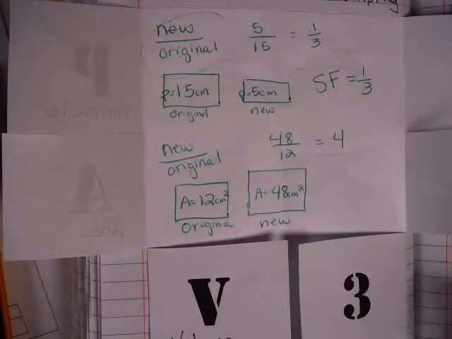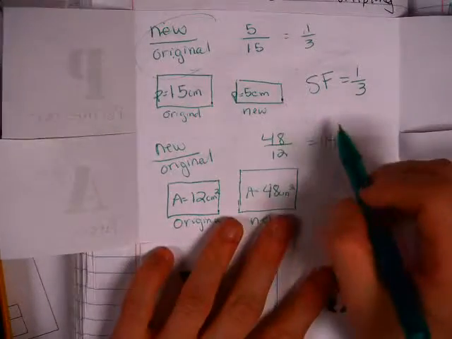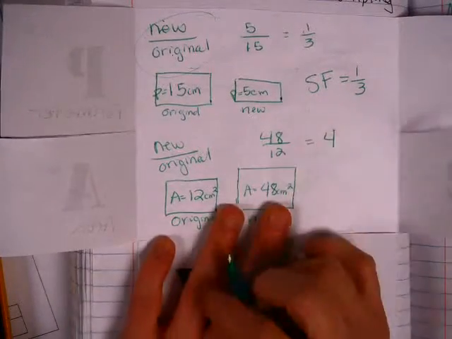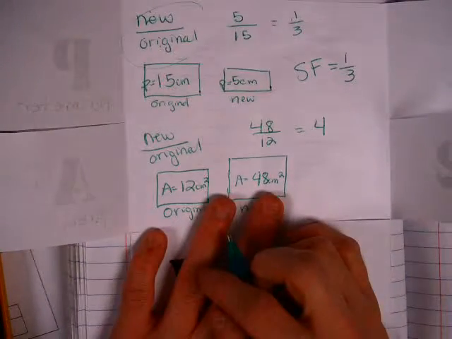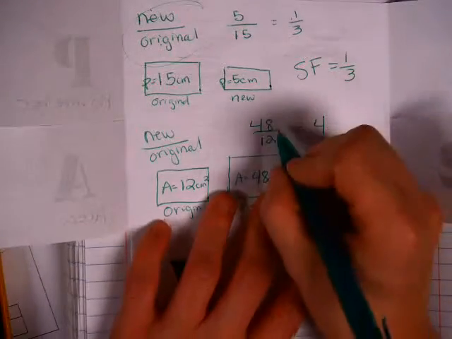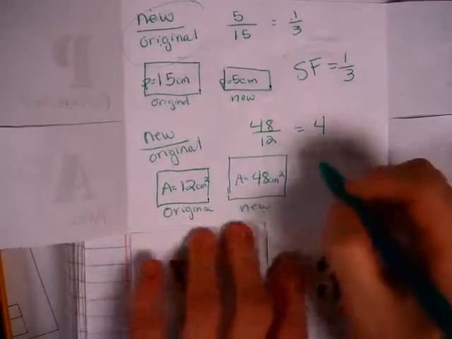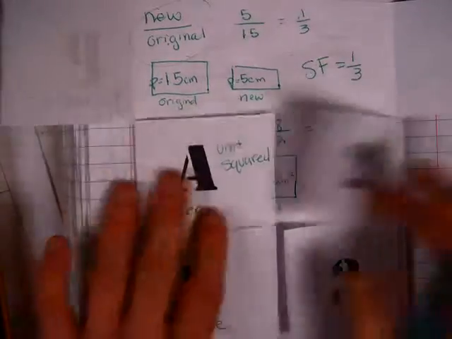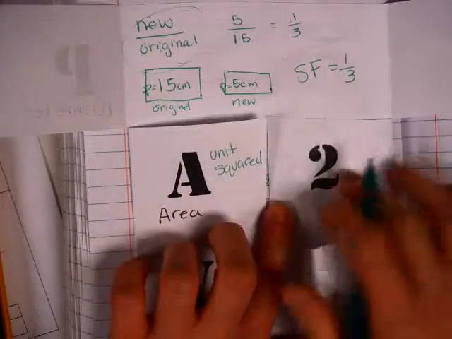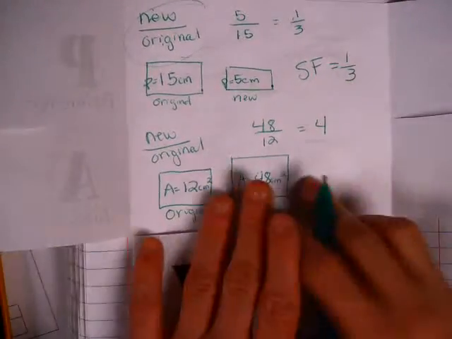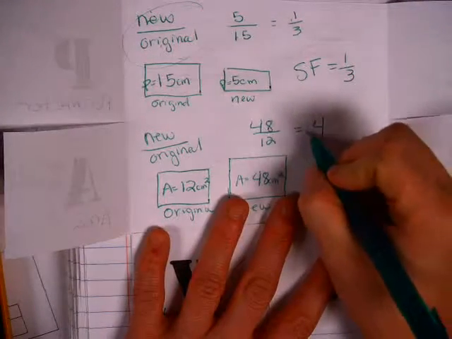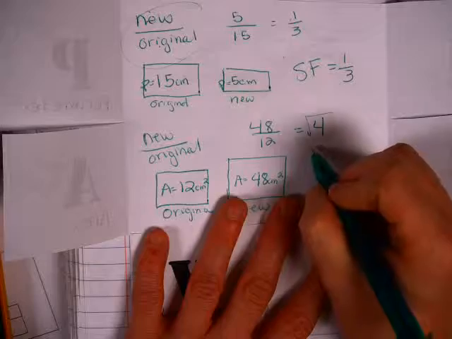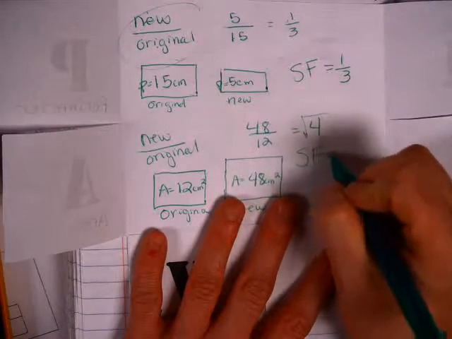Now, you get 4, but is that your scale factor? Not necessarily, because for this to work, for area, it has to be squared. So if we're working backwards, you have to find the square root of this, so the scale factor is going to be 2.